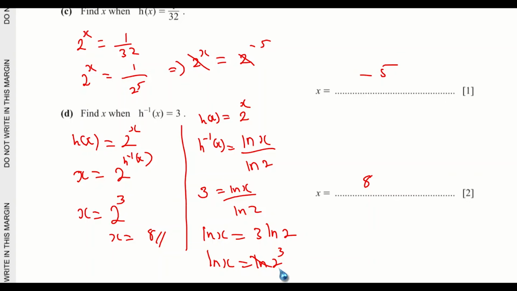So this ln can cancel this ln now. Then x is equal to 2 to the power of 3, and is still equal to 8. But if you understand a logarithmic and an exponential function, this particular one is pretty straightforward. So let's go to the next one.